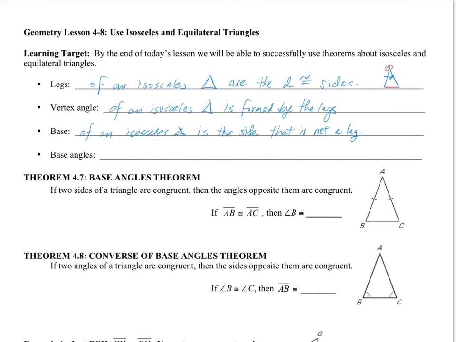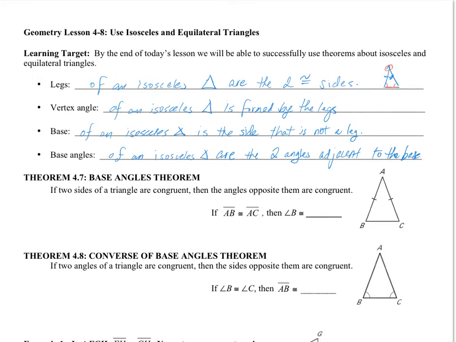And then we have the base angles of an isosceles triangle, and they are the two angles adjacent to the base. So it will be these two angles.